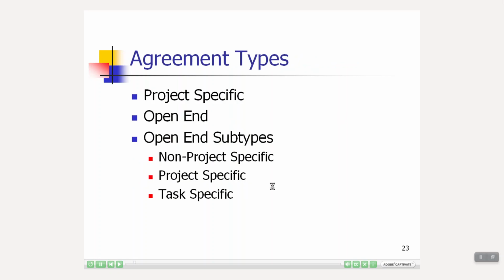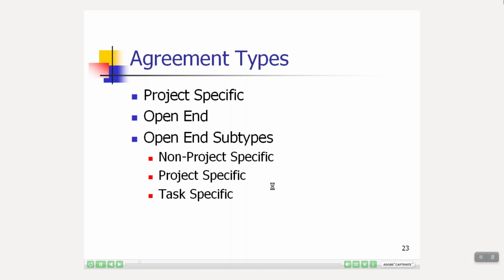The agreement types should be familiar to consultants. Here we have project-specific agreements and open-end agreements. What's new in ECMS 2 is open-end subtypes. The first type is a non-project specific open-end agreement, which is a regular open-end agreement.